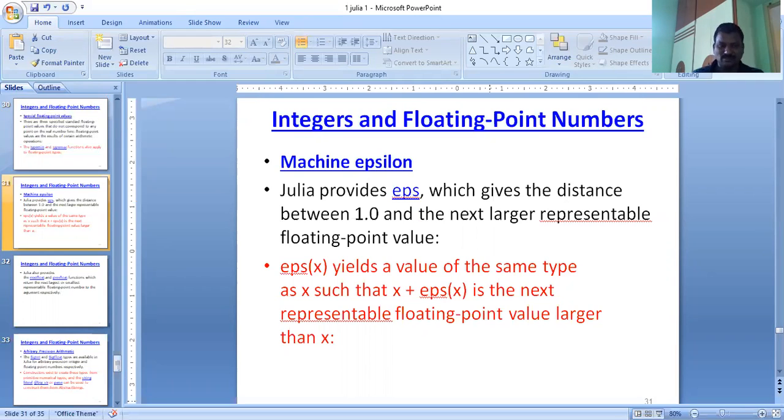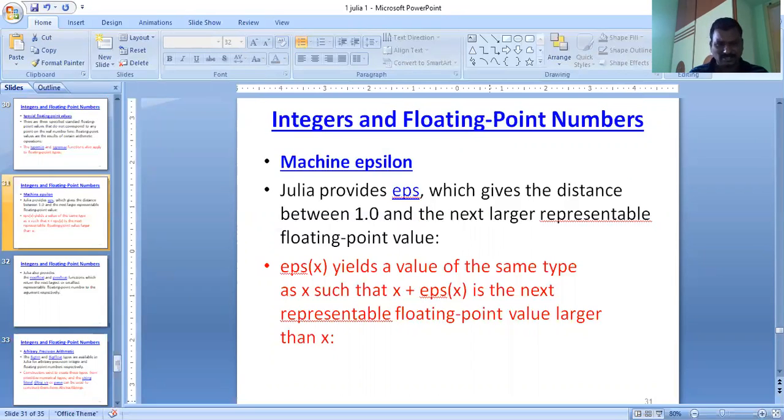Here I am taking a simple number, epsilon of 2.1. That means a floating point type is required. Yes, that gives an error: epsilon not defined.